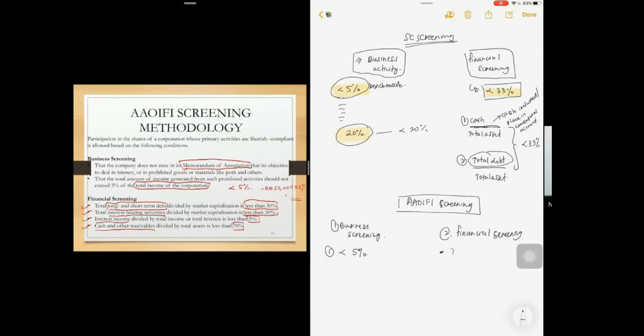Sebab sini total long or short term debt, total debt dia terus bagi market capitalization.